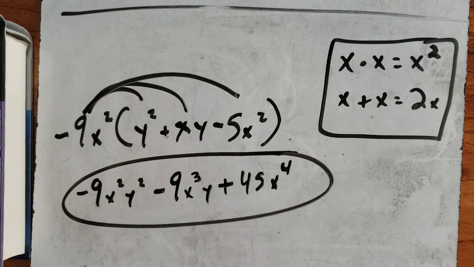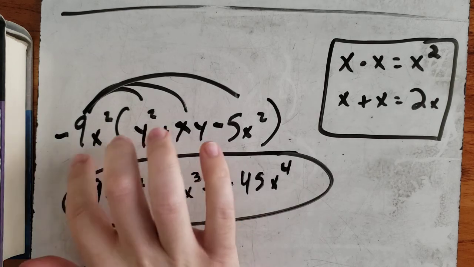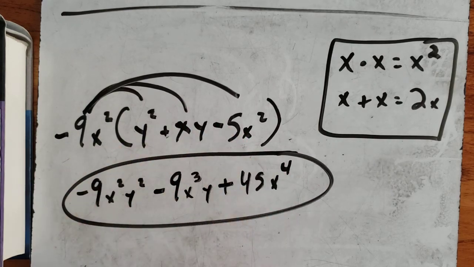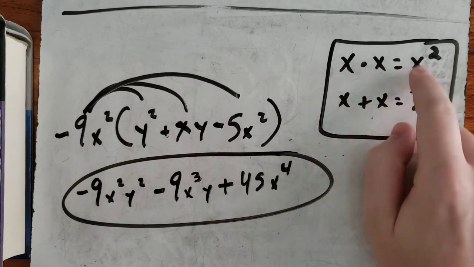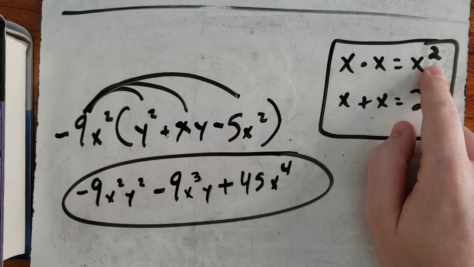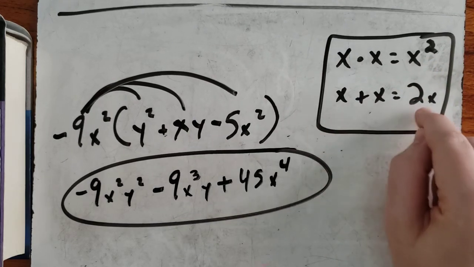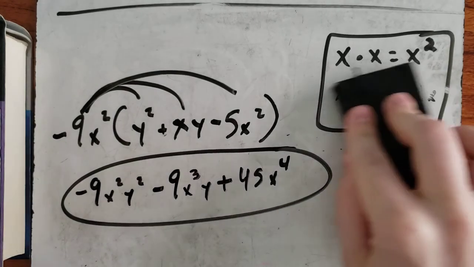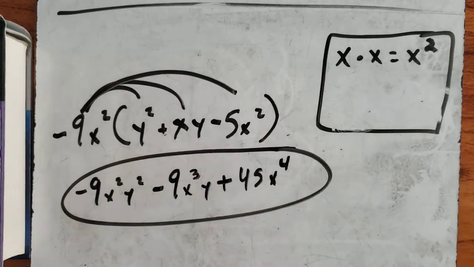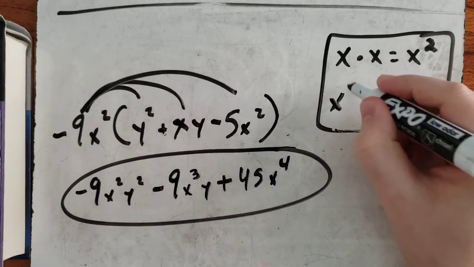All right, and that's it. Okay, so we're just distributing it in. Remember, multiply the numbers where you can. Multiply the letters where you can. When you're multiplying letters, you add the exponents.